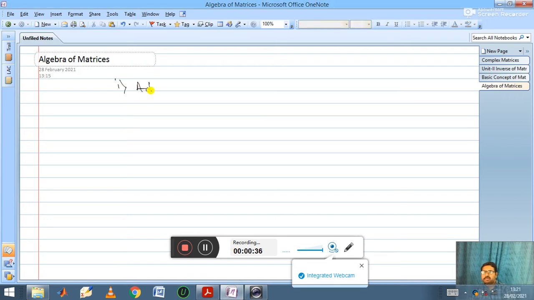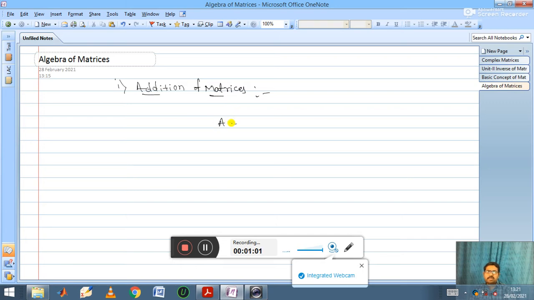Addition of matrices. We can add 2 or 3 matrices. Okay, so let us see.